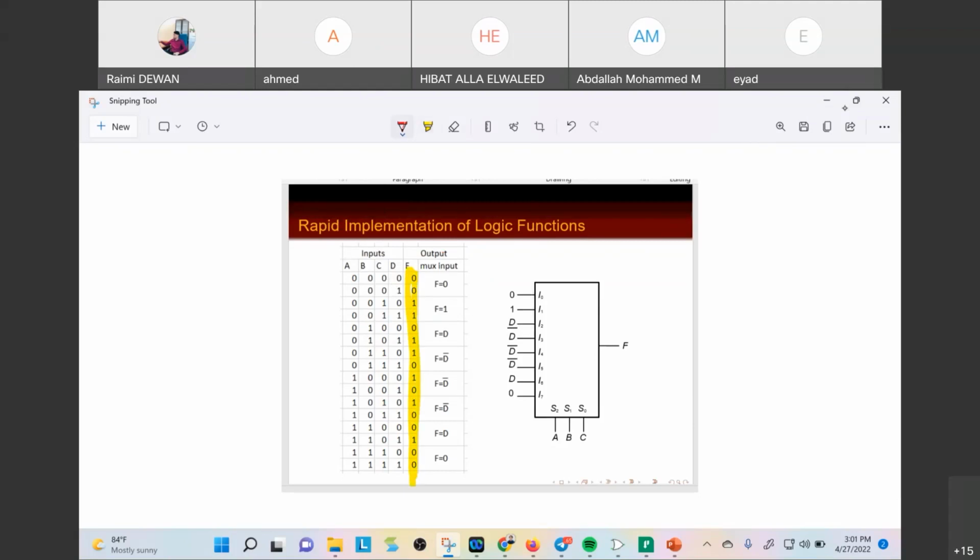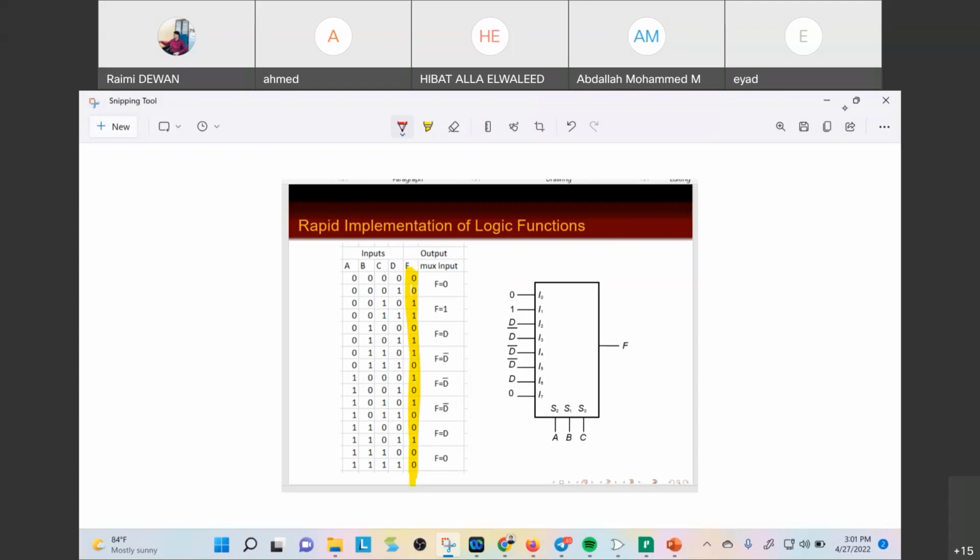If you see this one, there are 1 2 3 4 inputs. We try to see what the suitable inputs are.